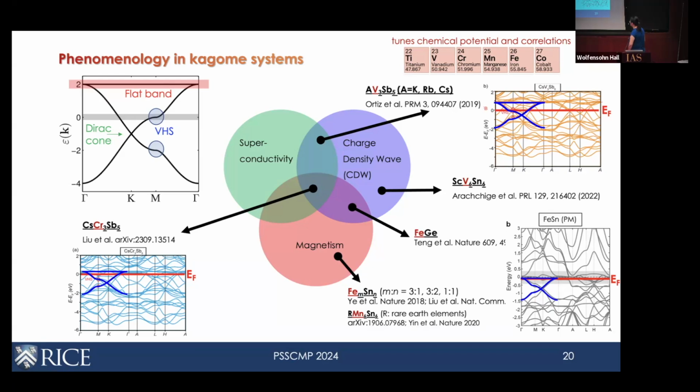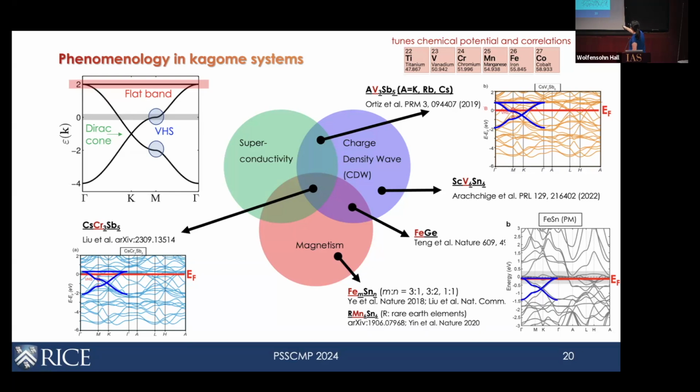So I hope I have time towards the end of the talk to talk a little bit about what we have found from this compound. This is my way of showing that there's a lot of phenomenology and interesting physics, which we can tune by tuning across these transition metal elements.